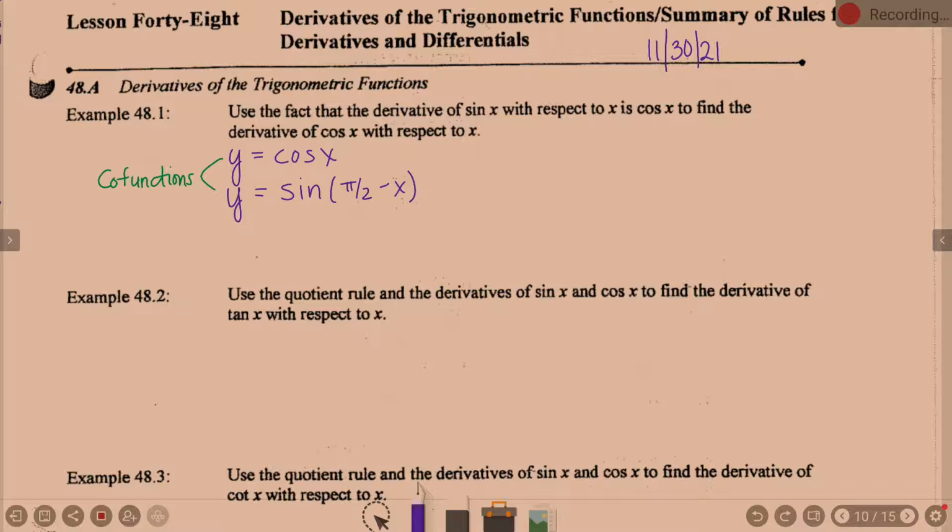And when I take derivatives today, I'm going to use the dy dx form. So the derivative of y is dy dx. What's the derivative of sine of something? Cosine of that something.